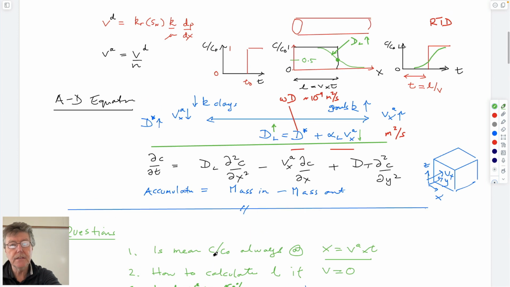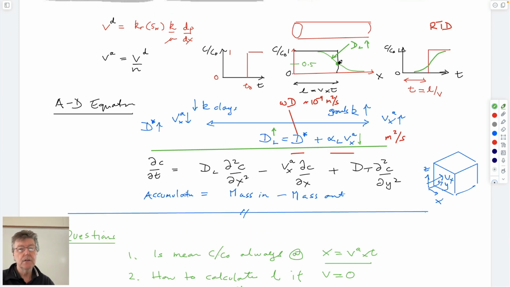So is this value here at the breakthrough? So this is the length that's traveled, calculated from the advective velocity multiplied by time. Is this always 50% of the concentration? Is it always halfway? Or could it be that this curve looks like this? We don't have any information to say that yet.